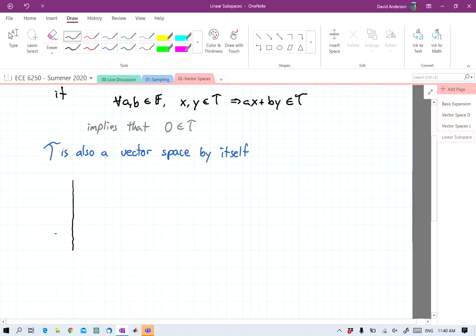So the first one, if we're in R2, as defined previously, we have the field of reals, and the vectors are made of pairs of real numbers. So I'm going to plot some different examples.